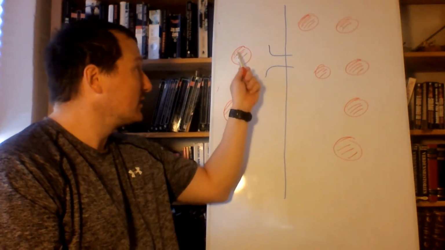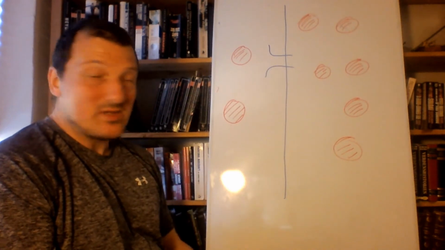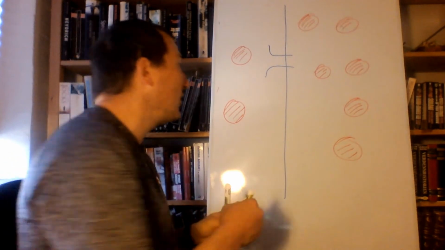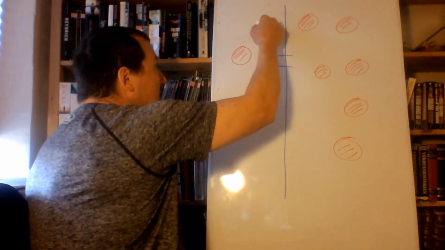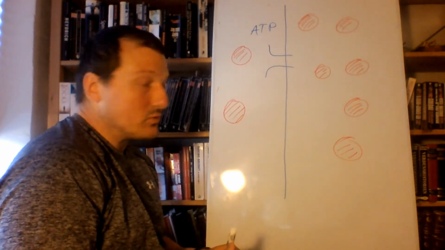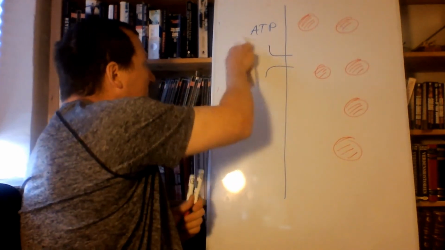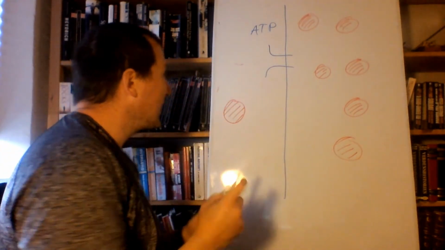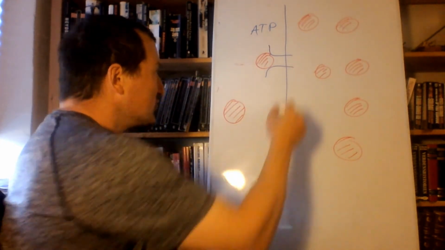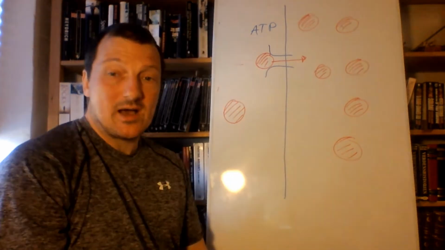So in this case here, diffusion would not normally allow a net movement this way because there's more on this side than this side. But if we use energy in the form of ATP, a transport protein here can grab it, it now grabs our molecule, and by using the energy, it changes shape and pushes it to the outside.